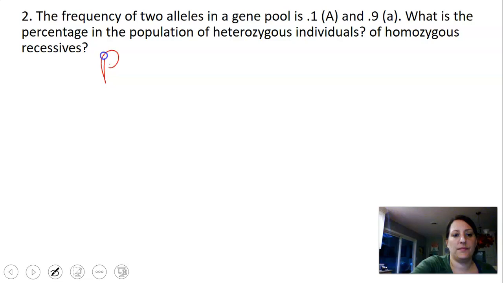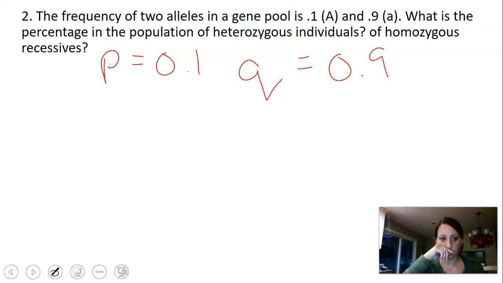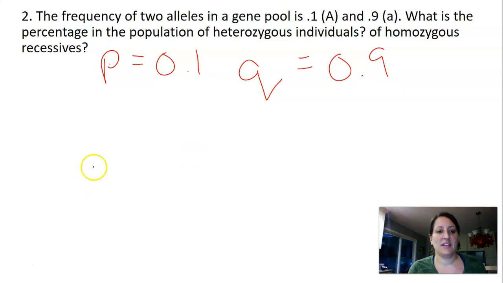So P equals 0.1 and Q equals 0.9. Then it says, what is the percentage in the population of heterozygous individuals? Sorry about that.